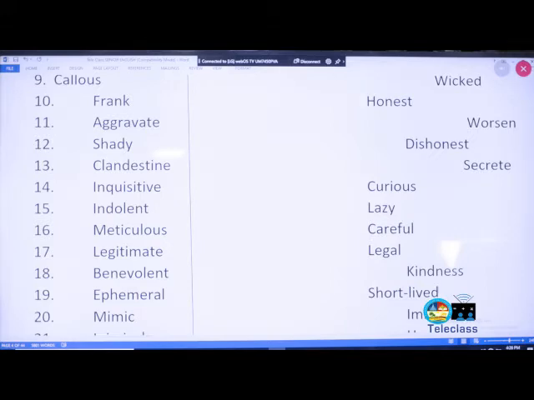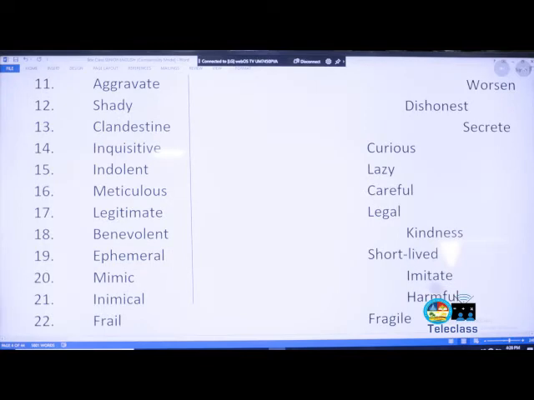Then we have mimic. Mimic means to imitate. The next word is inimical. When something is inimical, it means it's harmful. Something that can cause us harm is inimical. Then we have frail.